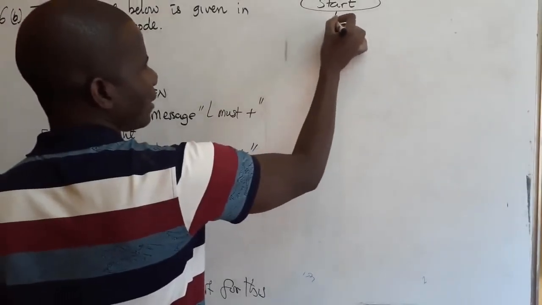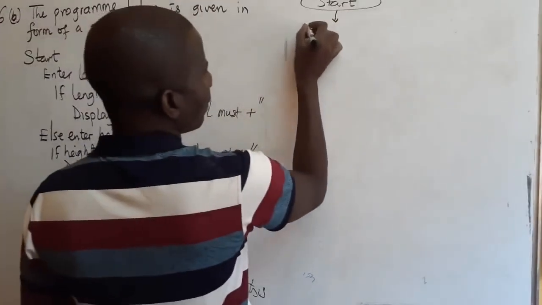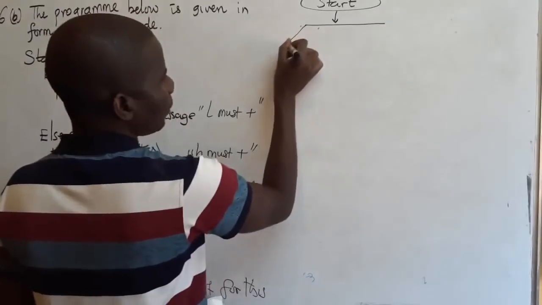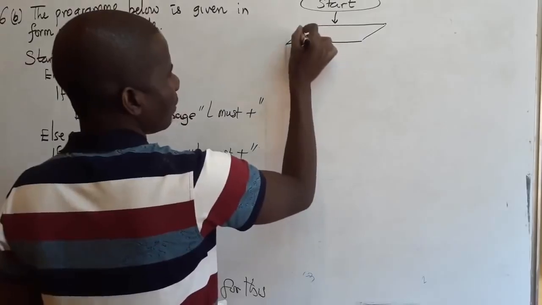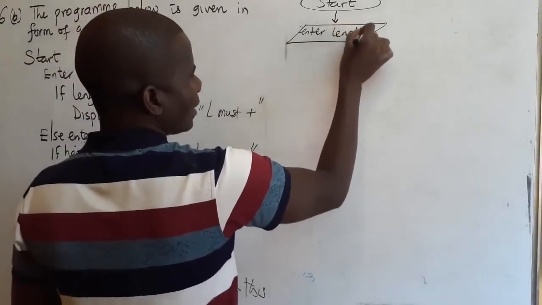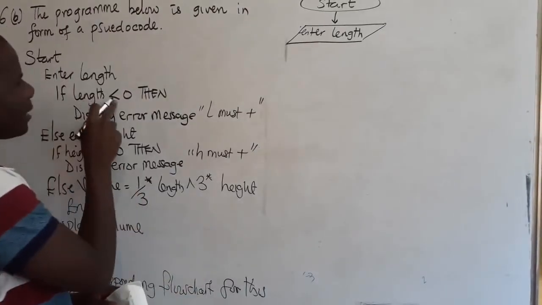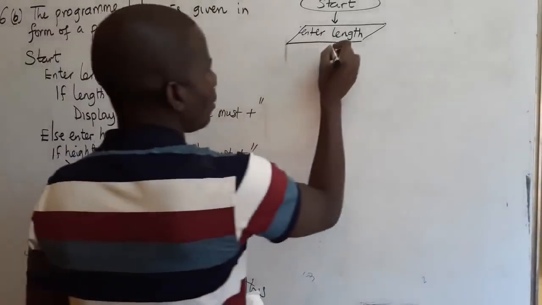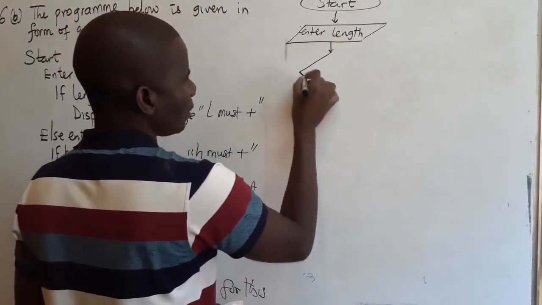The next is enter length. We use this symbol. Enter length. What is the next one? If length is less than 0. Here we have to make a decision.